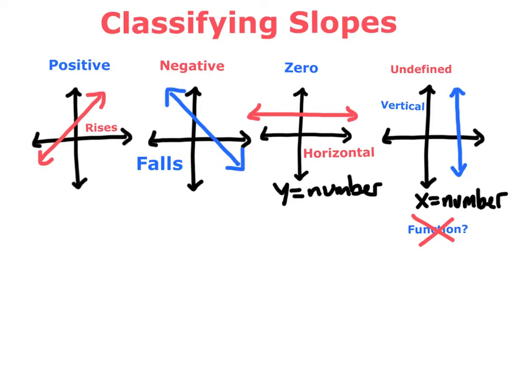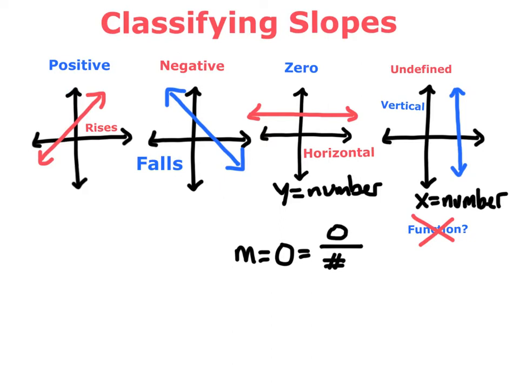So just to investigate these last two, the 0 and undefined, a little bit more, whenever we have a 0 slope, if m equals 0, that comes from there being no change in the y values. So the y2 minus y1 would be 0, whereas the x values change a whole lot, right? So 0 over any number is equal to 0.